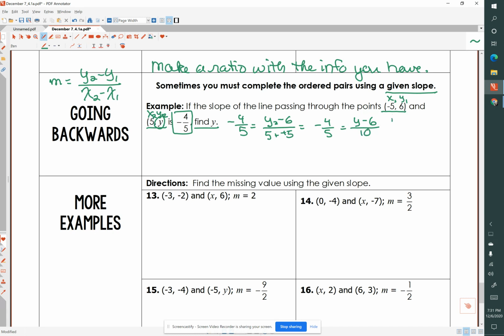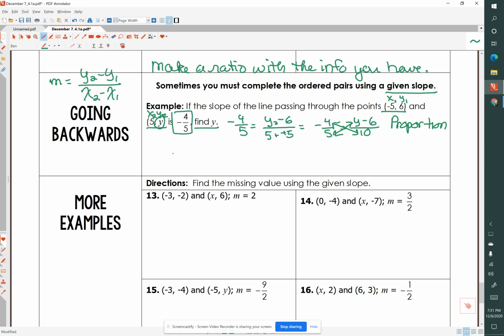Now, this is a proportion. Okay? So we have a proportion. So we're going to build our proportion. Remember, negative 4 times 10 equals 5 times the quantity of y minus 6.